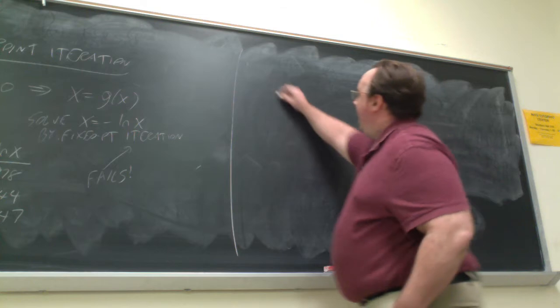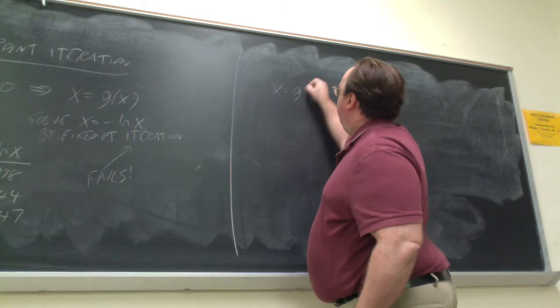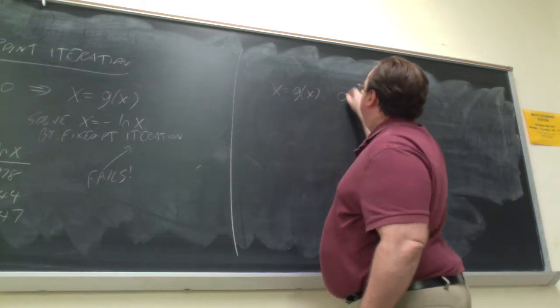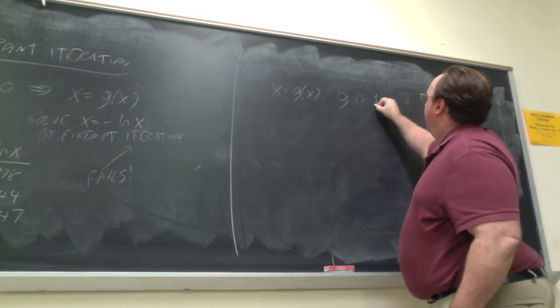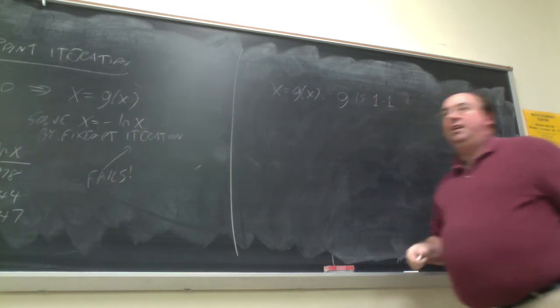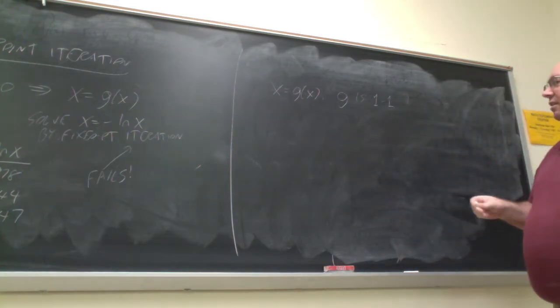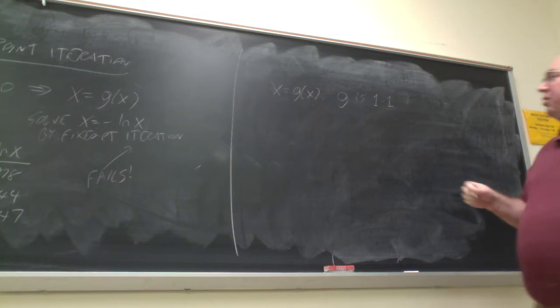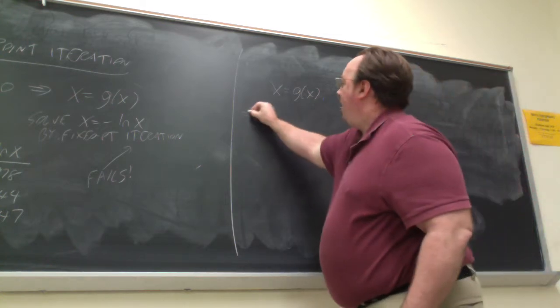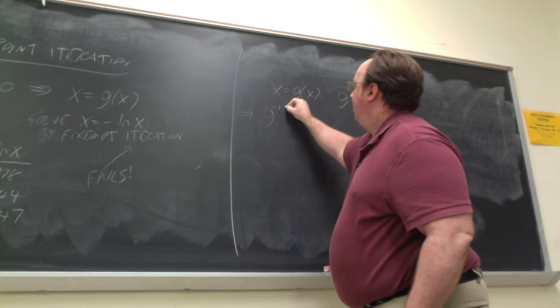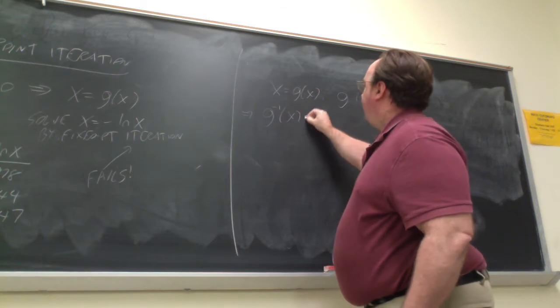A function like that, which has a non-zero derivative, can be inverted. So if I have x equals g of x, and suppose the function g is 1 to 1, at least locally, in the x's you're considering, here's what you can do. I can apply the inverse function to both sides.